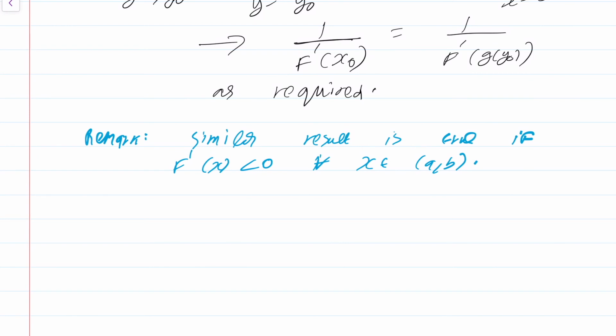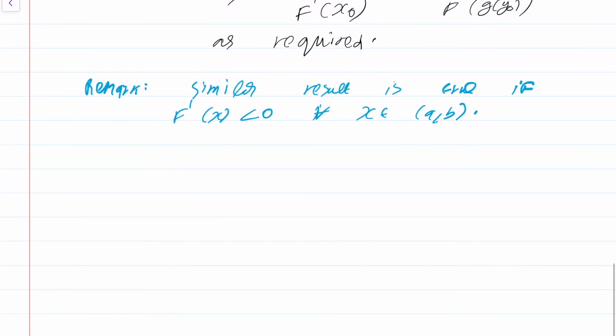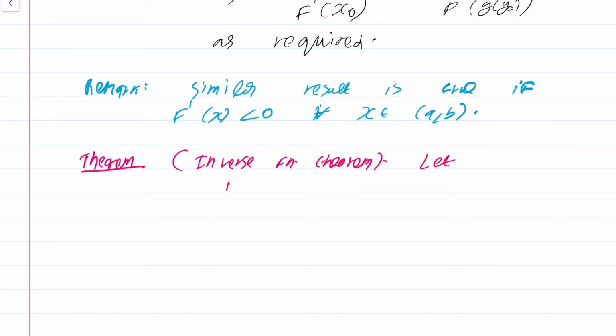Okay, now I'm going to state the general inverse function theorem. And I'm not going to prove it because it should be rather obvious from the theorem that we have already shown. This is the inverse function theorem. Let f from the open interval (a, b) to R be a C1 function.